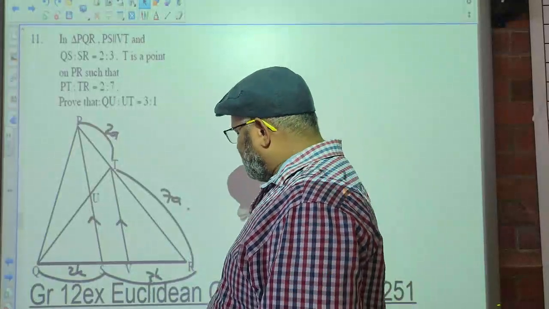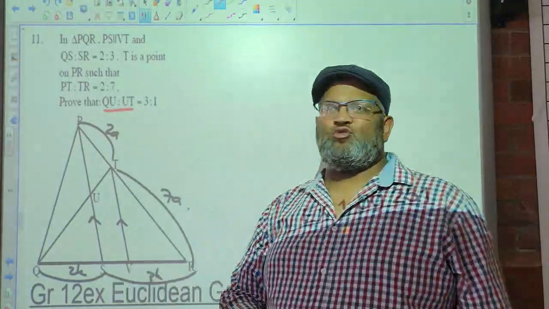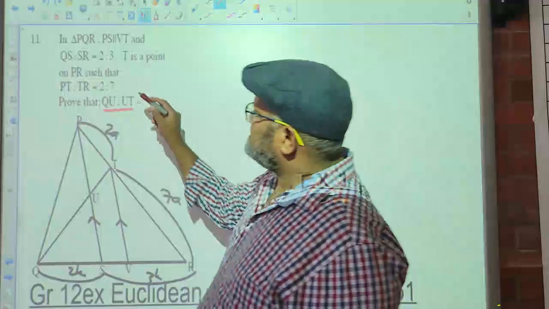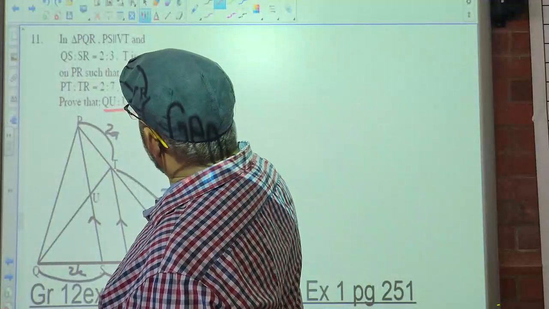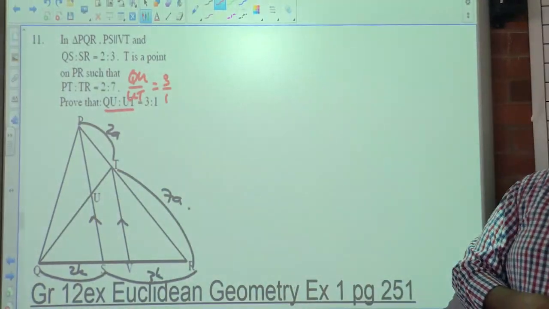Then we are asked to prove that QU is to UT as 3 is to 1. So it's the same as asking us to prove QU over UT is 3 over 1, or 3. You all agree with that?